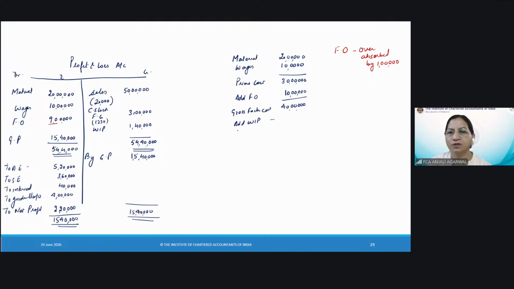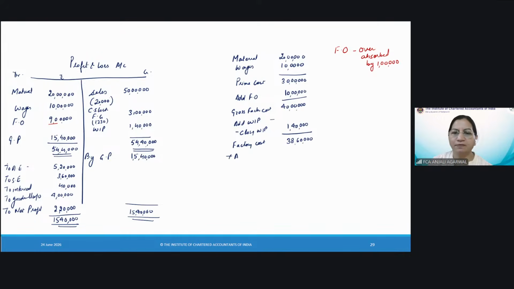So opening stock is nil, less closing work in progress. I'll take it as 1,40,000 only. So your net works cost or factory cost comes out to be 38 lakh 60,000.